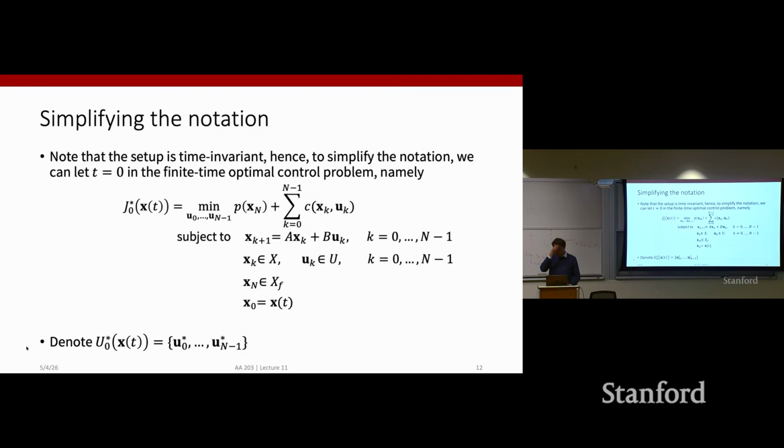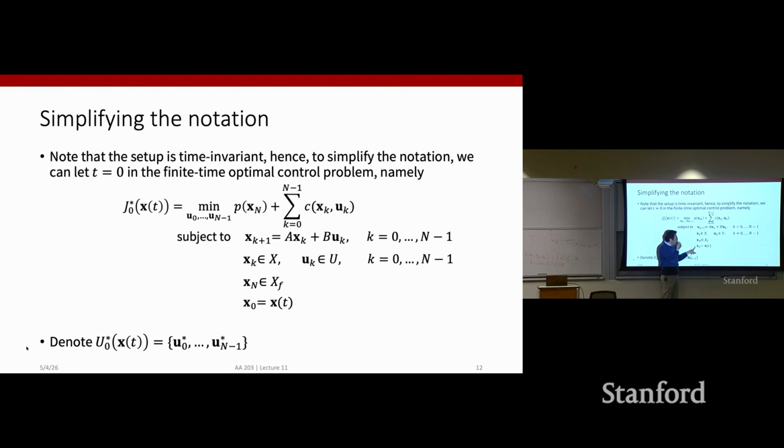One more thing notationally, and I know this is a bit boring, but it will be needed later: in the case that the problem is time invariant, that is, A does not explicitly depend on the current time, so there is no subscript k, B does not depend on the current time, C does not depend on the current time, then the only thing that changes across planning horizons is the initial condition for the state.